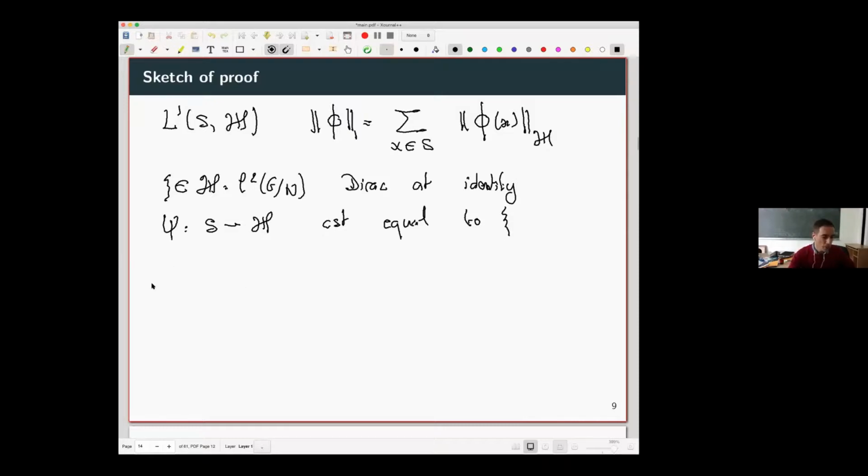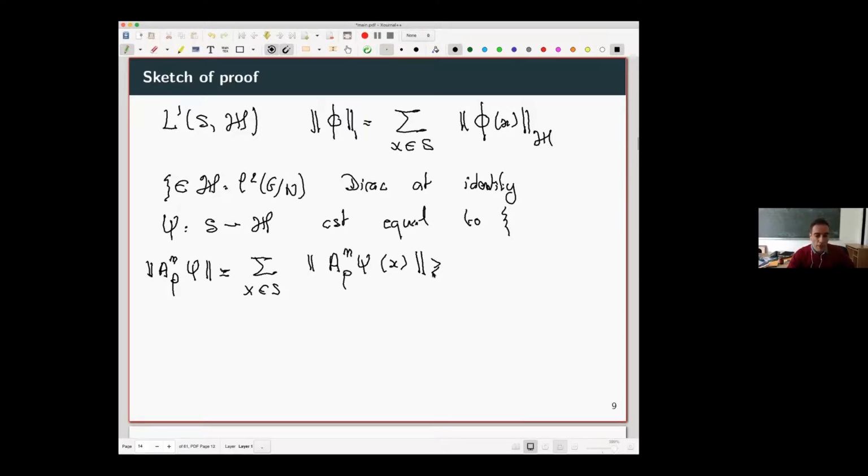Okay, so now let's try to compute the norm of the nth power of A rho applied to psi. So this is exactly the sum over all x in S of the Hilbert norm of A rho to the n psi computed at x.